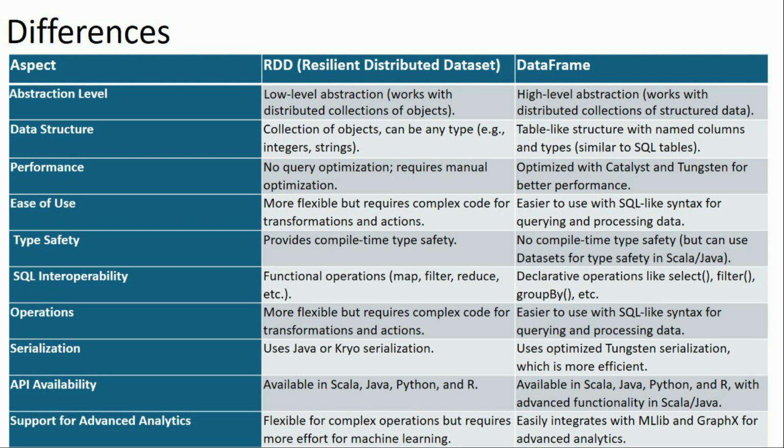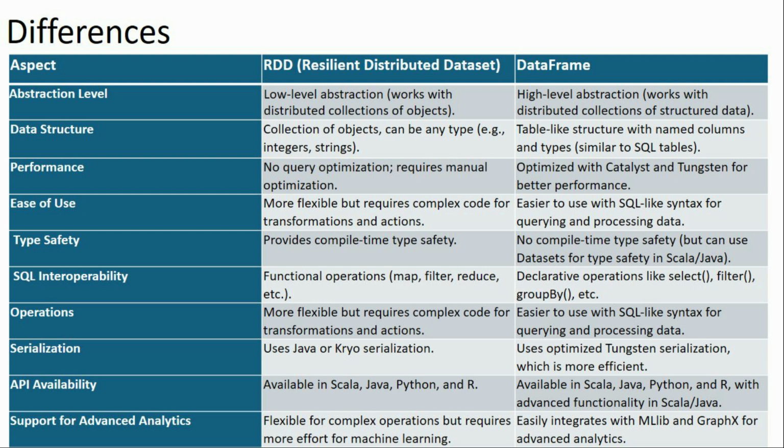Now let's talk about performance. RDDs offer raw performance, but at the cost of flexibility. Since they don't optimize operations, performance can suffer when performing operations like joins or aggregations, as they lack an execution optimizer. Data frames are more performant. They benefit from Catalyst, Spark's query optimizer, which allows for optimizations like predicate pushdown and physical plan optimization.